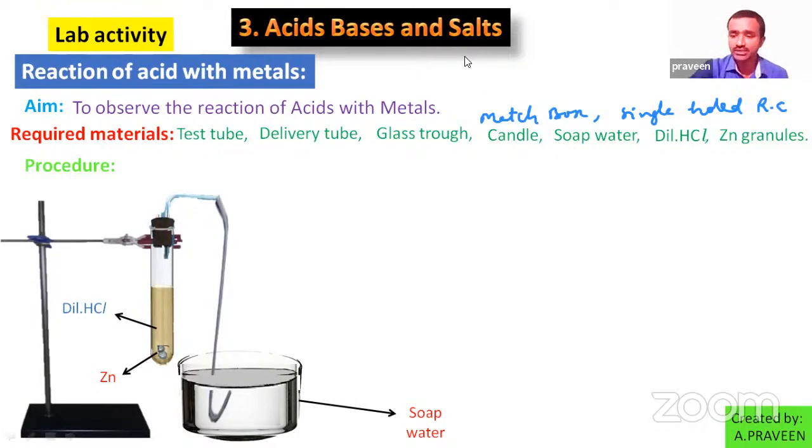Then you can observe whether any bubbles are formed in the test tube. Slowly you can observe that bubbles form. The formation of bubbles in the HCl solution gives you an idea about the liberation of gas.